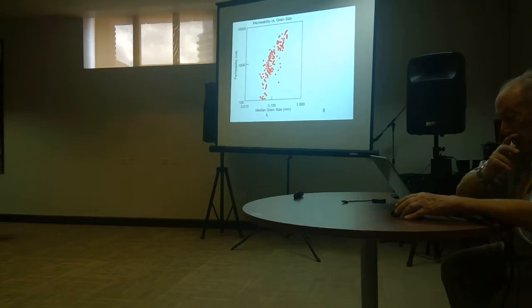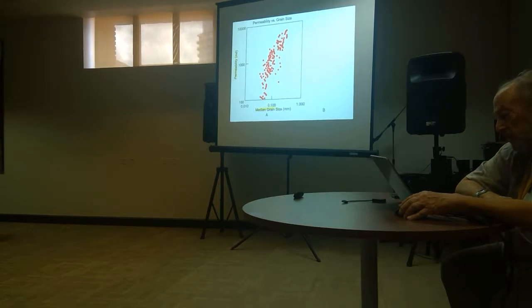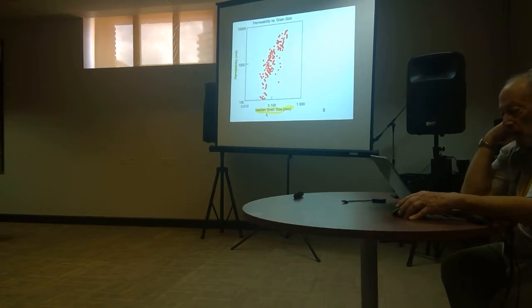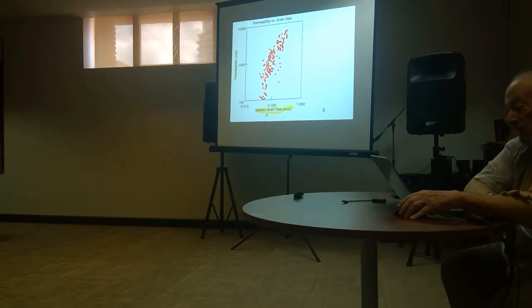However, when you plot the permeability against the grain size of the core plug samples on a log-log scale, you get a very nice trend of increasing permeability with increasing grain size.